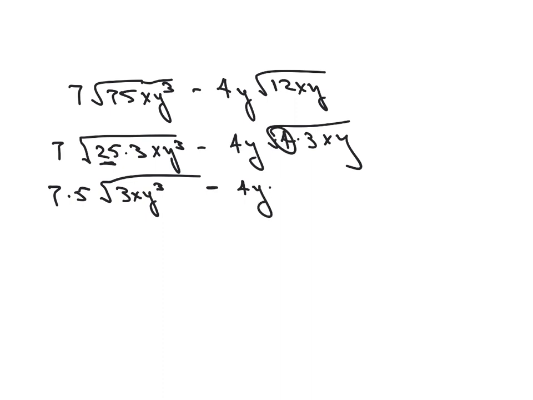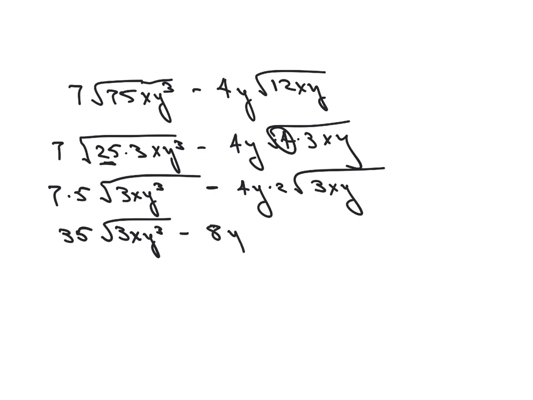Square root of 4 is 2. Make sure you multiply here when you pull these out. Multiply by whatever was out there already. All right, so that gives me 35 square root of 3xy cubed minus 8y square root of 3xy.